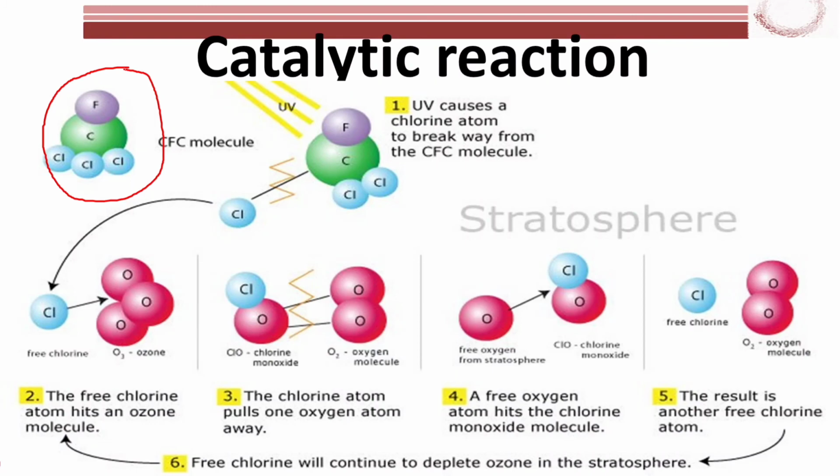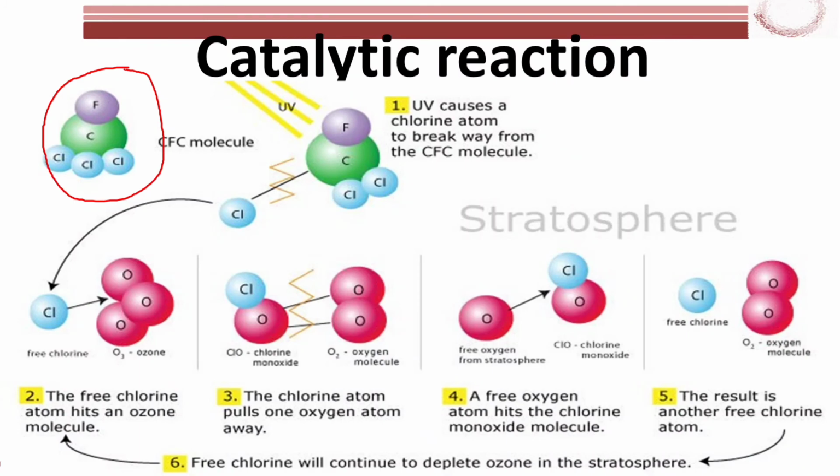So, minsan, dinadala siya ng hangin sa mas mataas na bahagi ng atmosphere, specifically sa stratosphere, na kung saan nandun yung ozone layer. Ano bang function ng ozone layer? It blocks the ultraviolet rays coming from the sun para hindi tayo mabilis ma-sunburn or hindi mag-develop ng skin cancer ang mga tao.